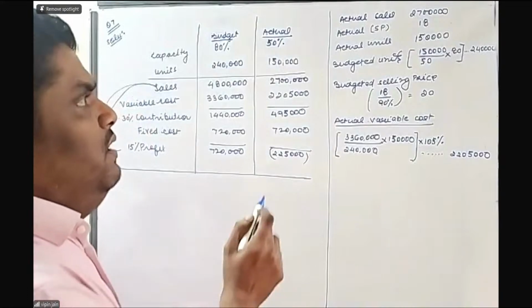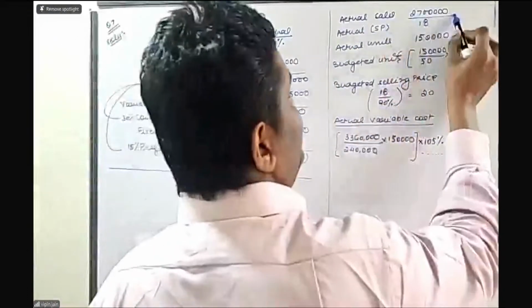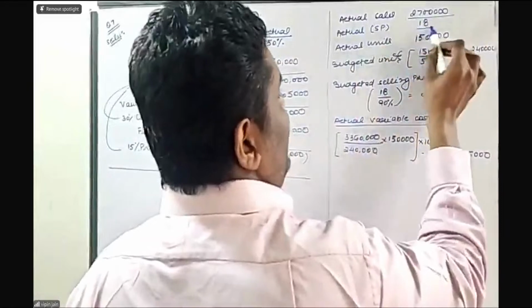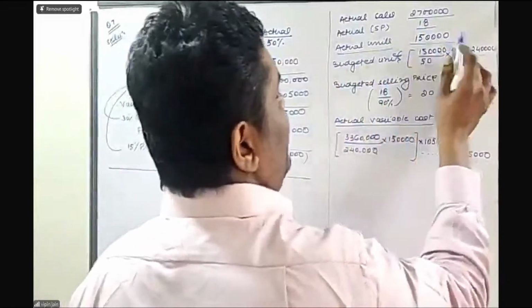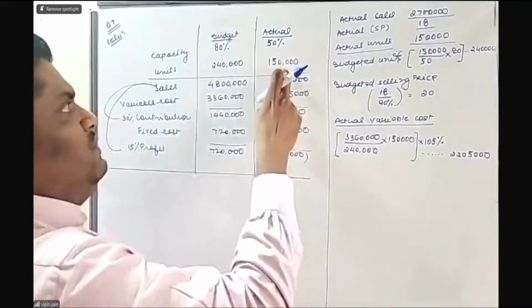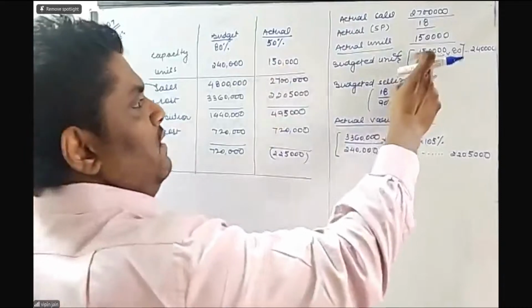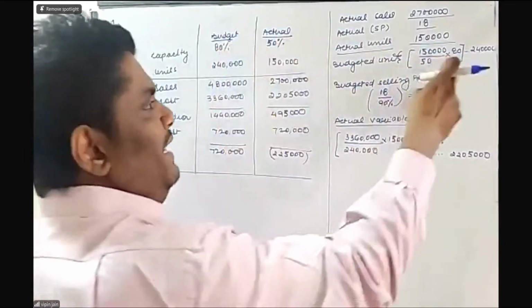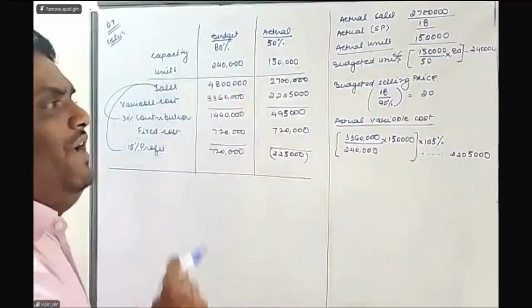See, I have mentioned that 27 lakh is my actual sales. Actual selling price is 18. So actual units are 1,50,000. So 1,50,000 units at 50% capacity. So at 80% capacity, it will be 2,40,000.